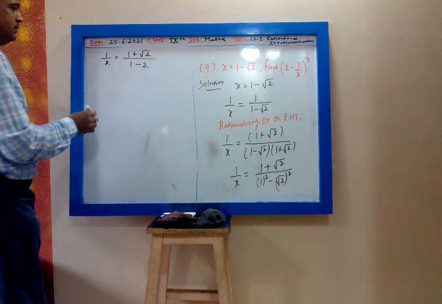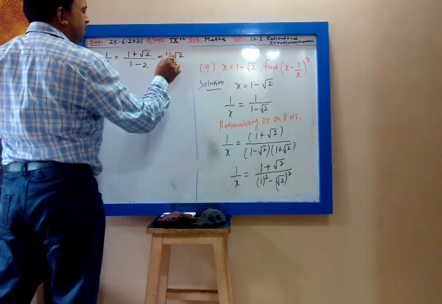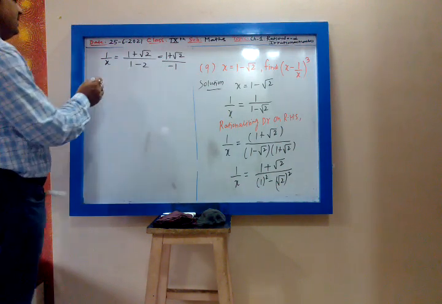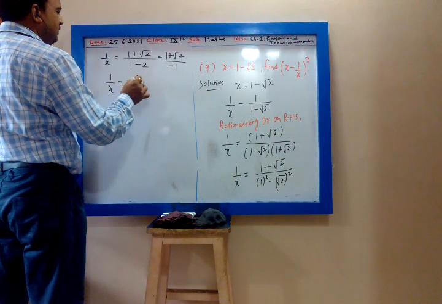Root 2 square is 2. So that is 1 plus root 2 upon minus 1. Now this minus sign you can take in the numerator. So 1 upon x will be minus of 1 plus root 2.